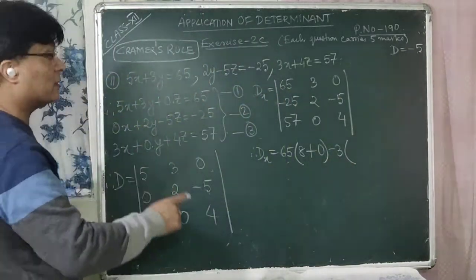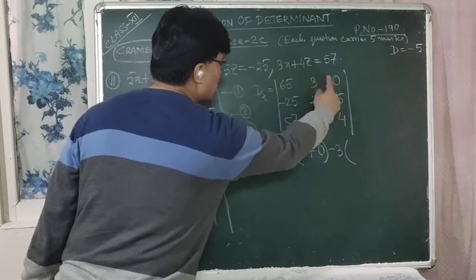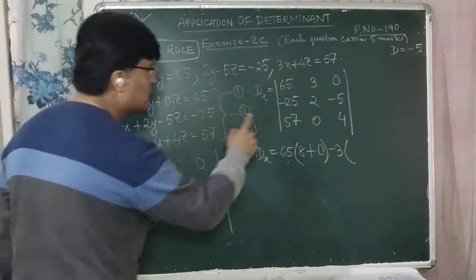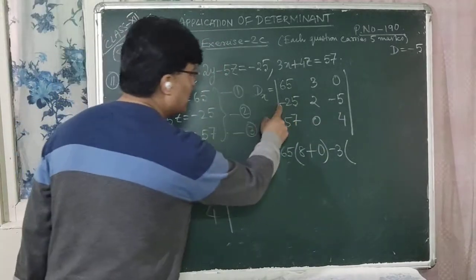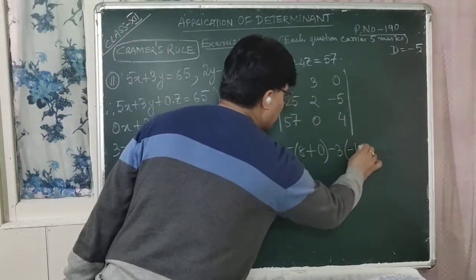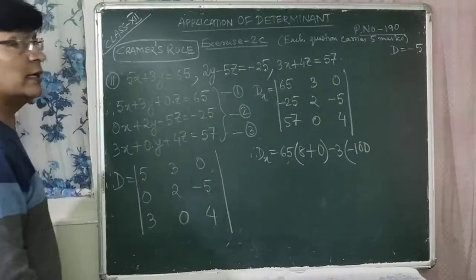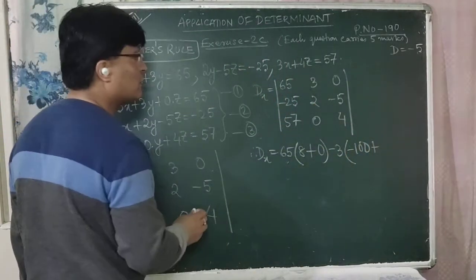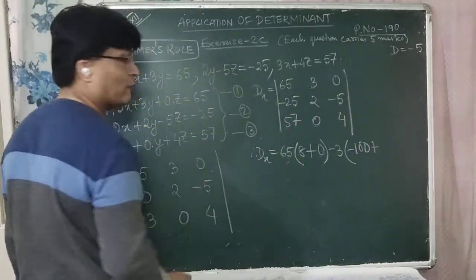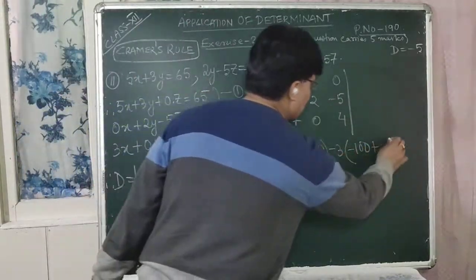Again delete the row and the column through the element 3, that is first row and second column. What remains? Minus 25, minus 5, 57 and 4. That is minus 25 into 4, that is minus 100, right? Then minus 0 minus plus. Now you have to cross multiply this 5 by 57. What is it? 5 7s are 35.